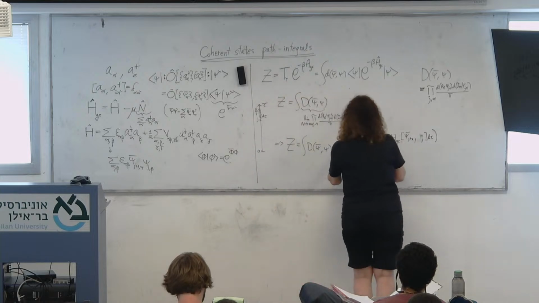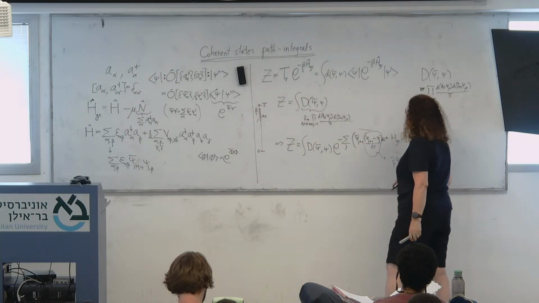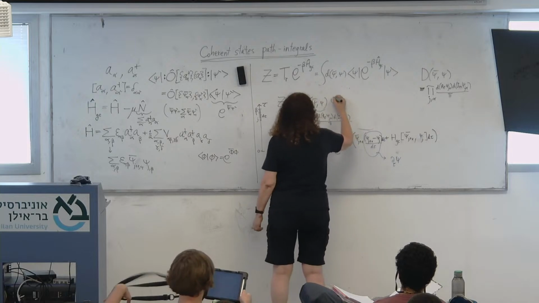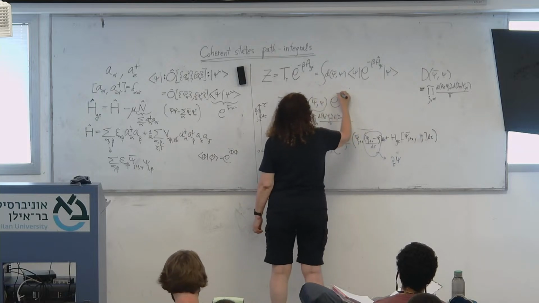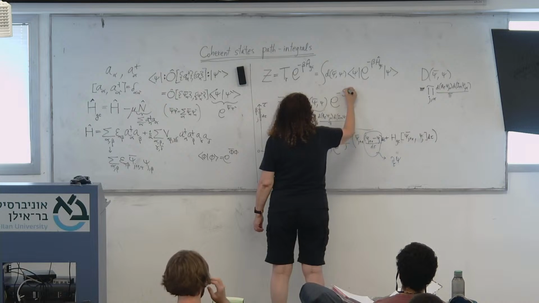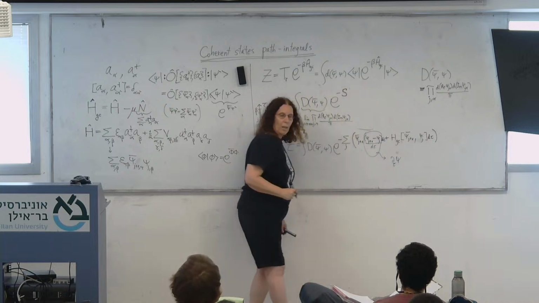After I turn this into an integral, I get something that I can write as e to the minus S, and it's an action.